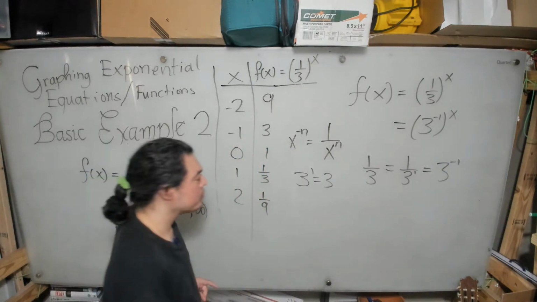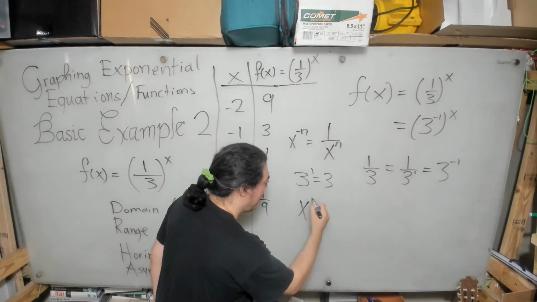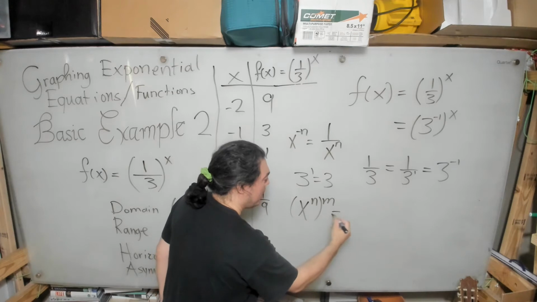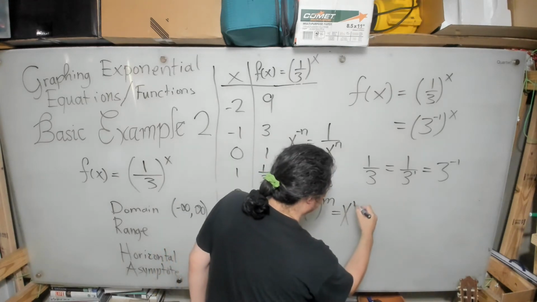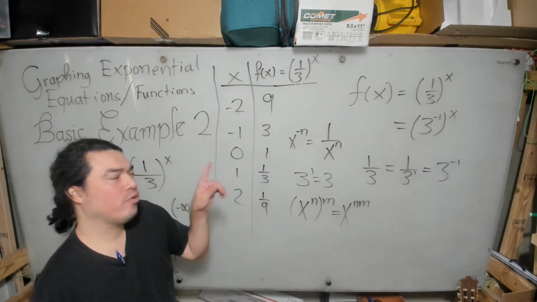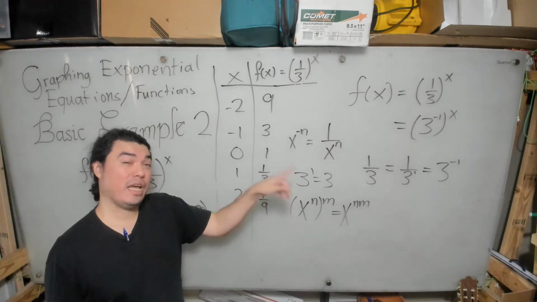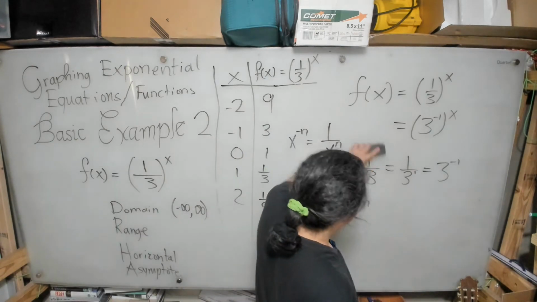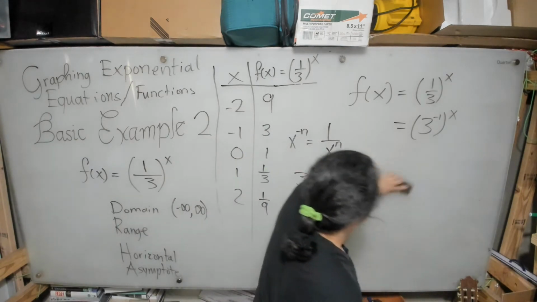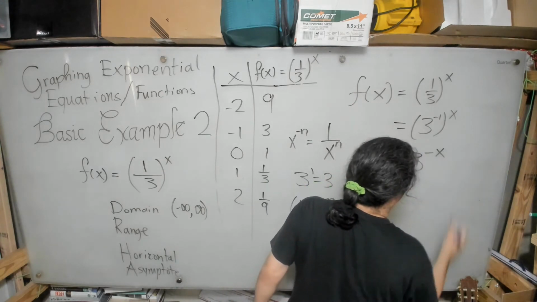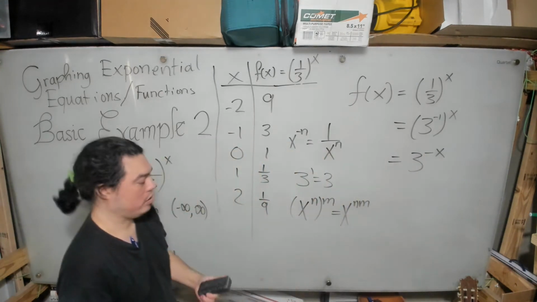And we know that if we have x to the nth power raised to the mth power, then this is x to the n times m power. So if I have 3 to the negative 1 raised to the x power, that's the same thing as 3 to the negative x power.